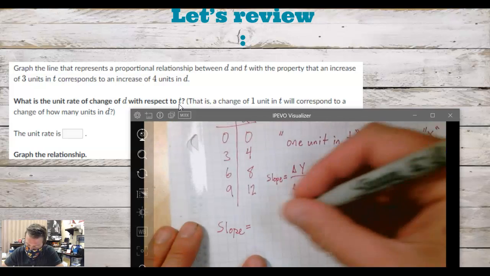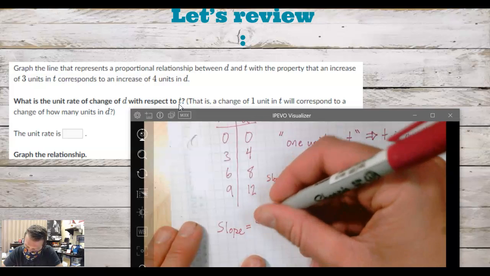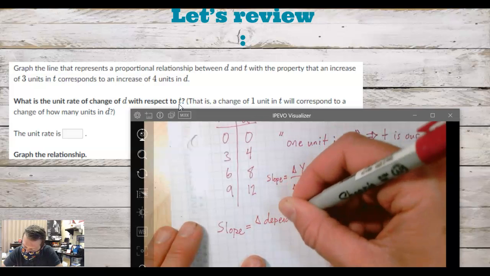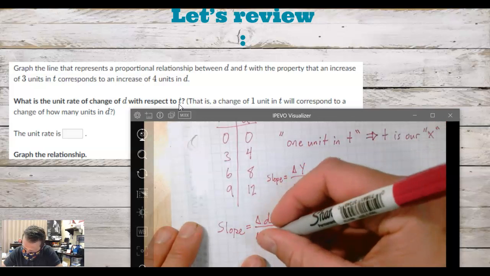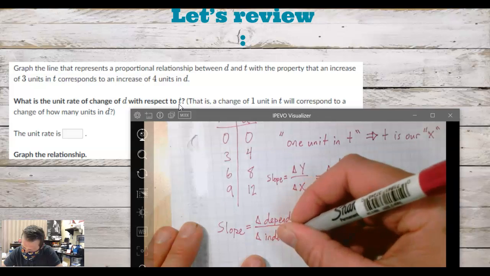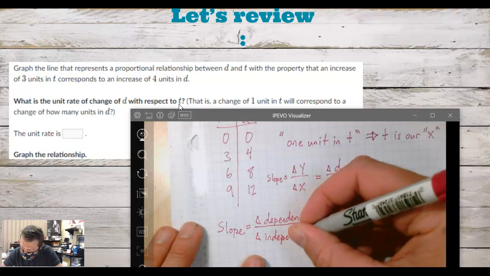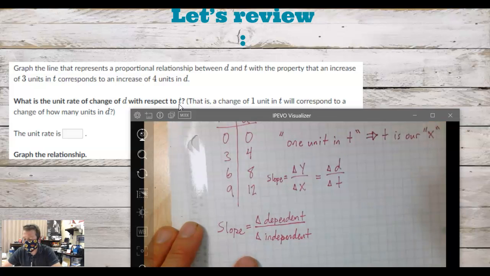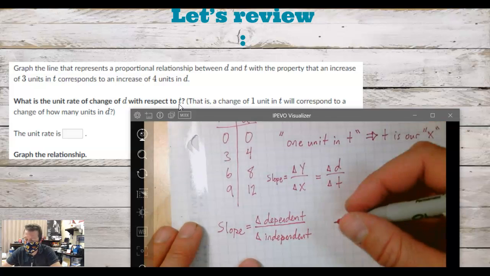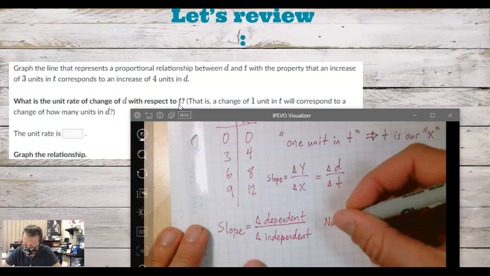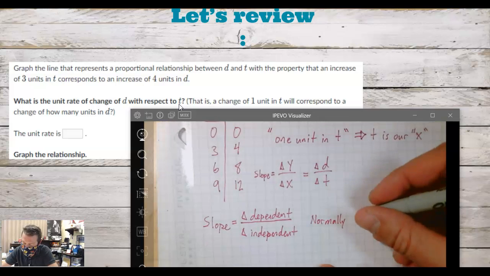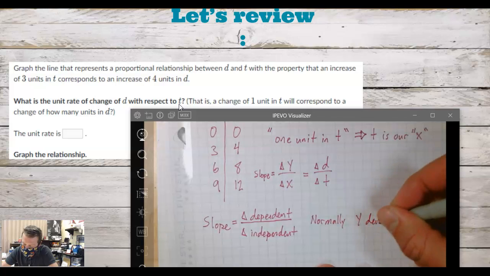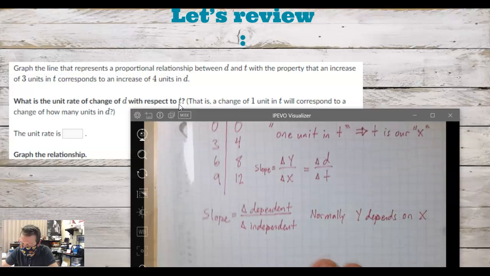Slope is truly the change in the dependent over the change in the independent. And normally, in standard math situations, y depends on x.